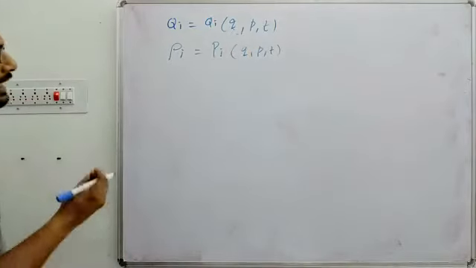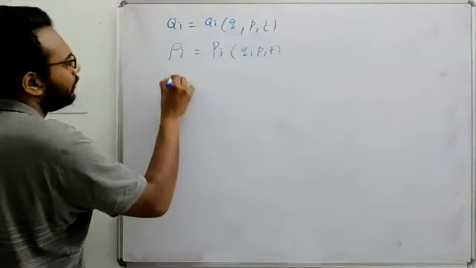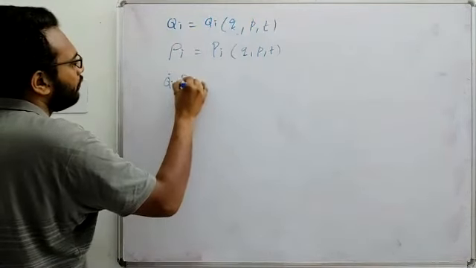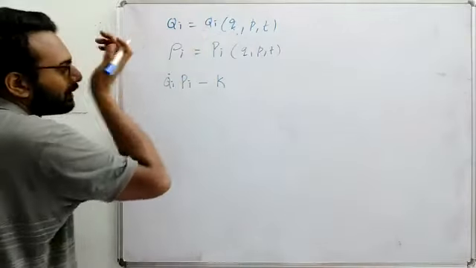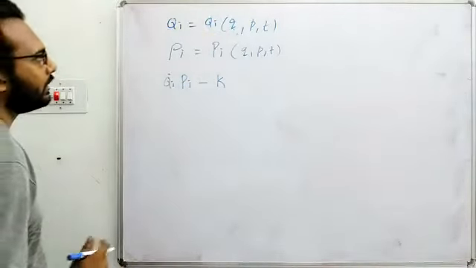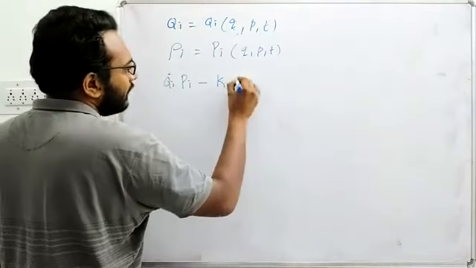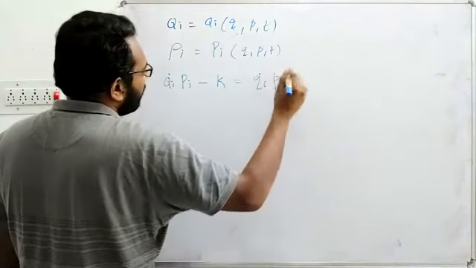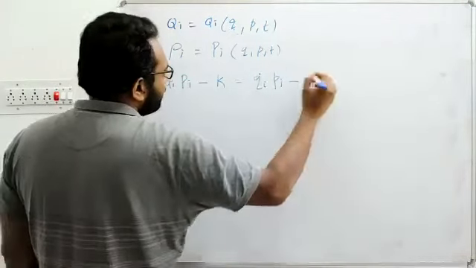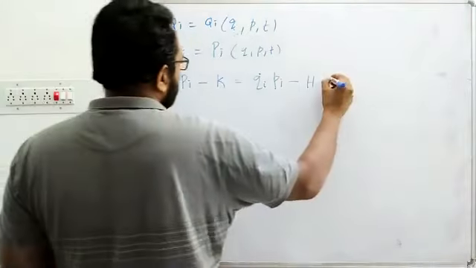We said that this transformation is called canonical if this condition is satisfied: pi qi dot minus H is equal to Pi Qi dot minus K plus dF by dt.